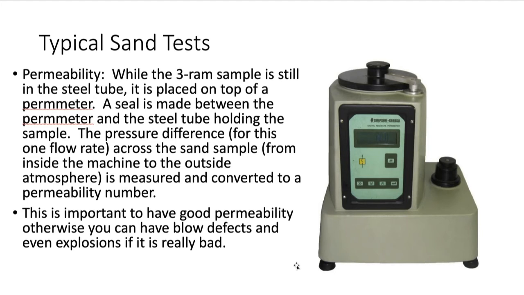Okay, so if you don't have good permeability, when you put molten metal into this sand, you're going to have back pressure, and that back pressure might do anything from give you a blow defect, where you have little divots in your casting, all the way to actually having an explosion happen in some cases.